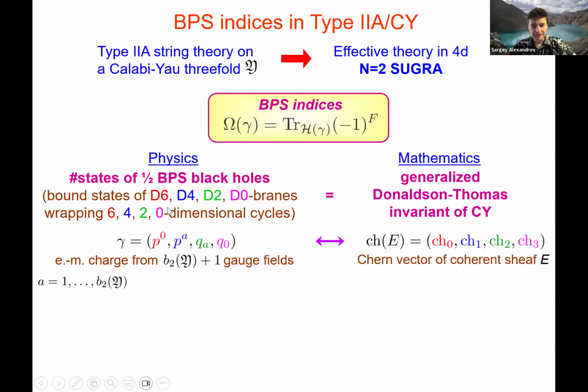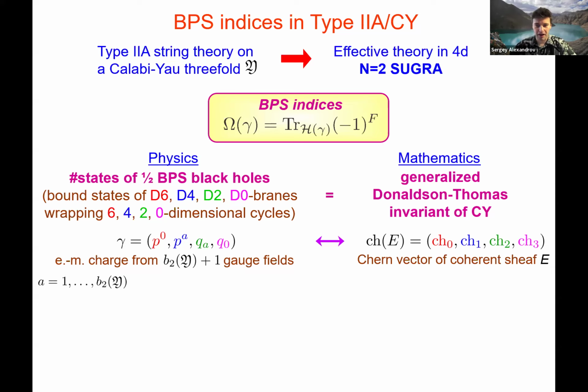Okay, this is on the physics side. On the math side, it turns out that these indices coincide with a certain class of topological invariants characterizing the Calabi-Yau threefold, namely the so-called generalized Donaldson-Thomas invariants of the Calabi-Yau. Usually mathematicians characterize them by Chern classes of the corresponding coherent sheaf.